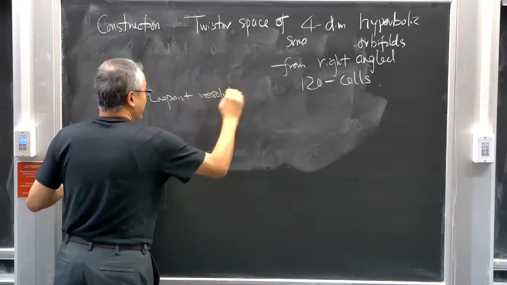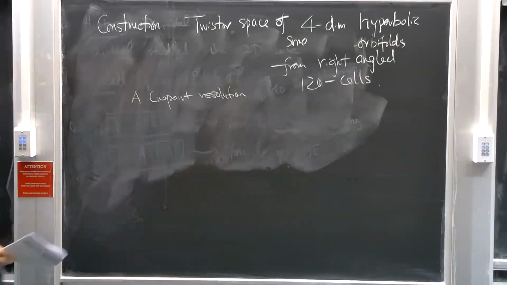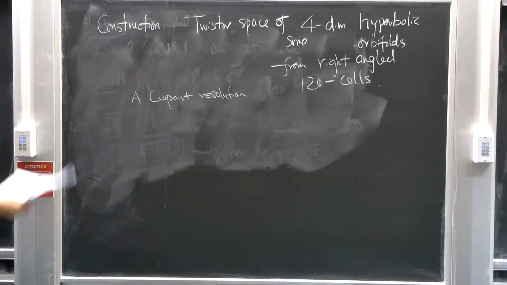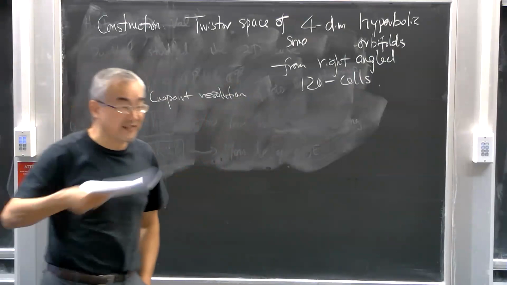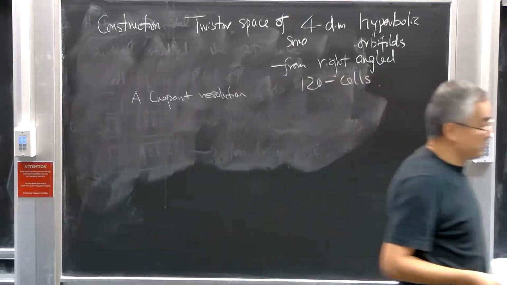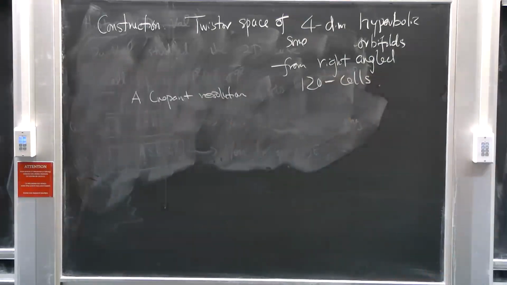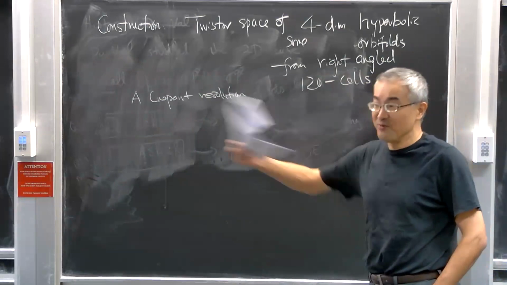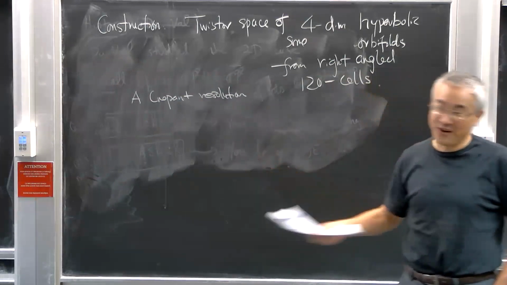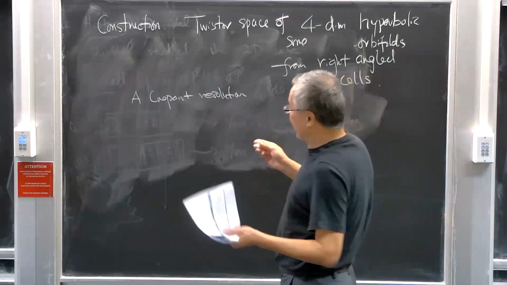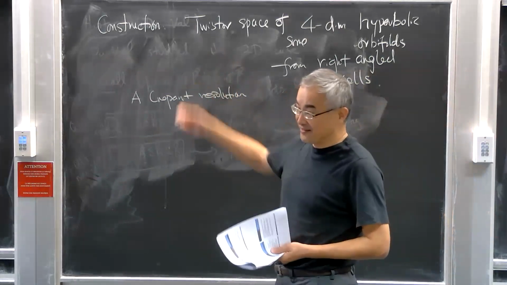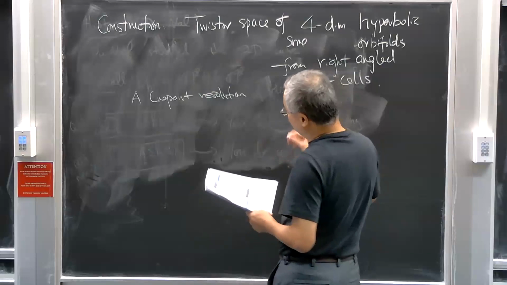Crepant resolution meaning that the total space has trivial C1. So this construction is, of course, sort of similar to the construction of hyperkähler manifolds yesterday. You take something naturally constructed, but which is singular, you desingularize it, then hopefully the C1 is 0. The singularity is not too bad. You don't add too many things, so you don't create C1-adding divisors.